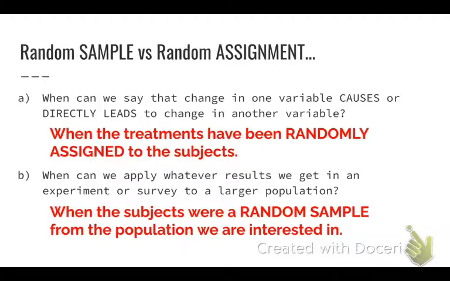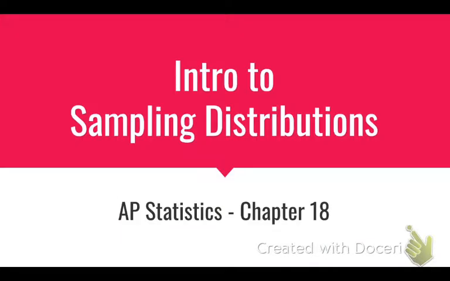Because that's why we need random samples, so that we can say that our sample is representative of the whole entire population. If it's not given specifically the word random, then we're going to have to say, well, I'm going to assume that this sample is representative of our population. If we were actually out in the real world, then we would probably be a little leery of our results if we didn't quite have a random sample. Okay, so make sure you have your random condition down.